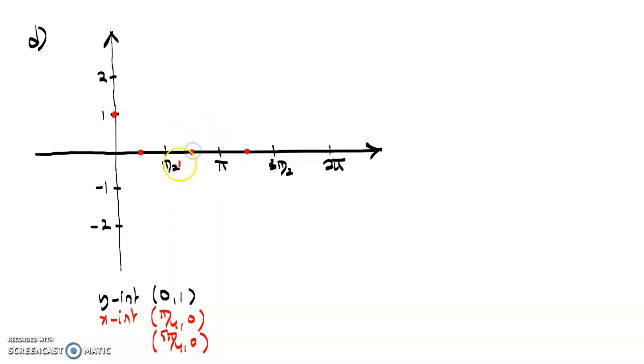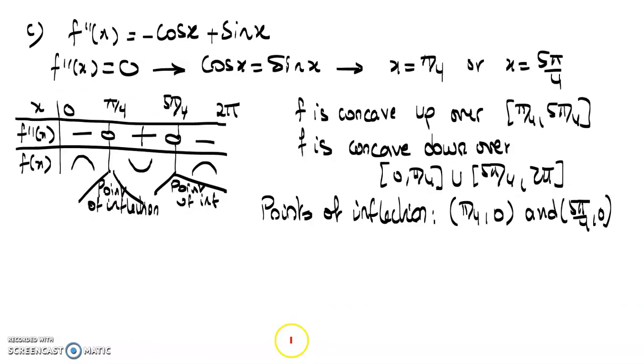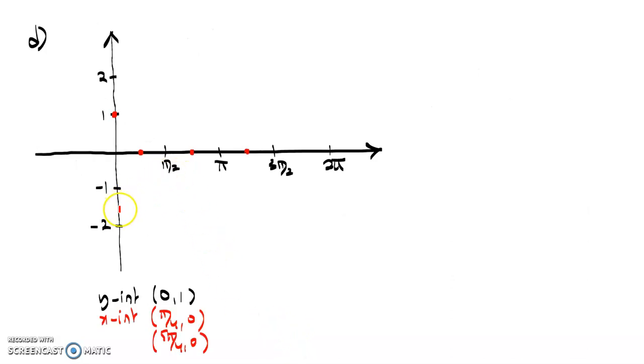So it's halfway between pi over 2 and pi. So that is 3 pi over 4. And it has a y value of square root of 2 or negative square root of 2. Which one is negative? So 3 pi over 4 is negative square root of 2. Negative square root of 2 is around 1.41, so that's almost halfway between negative 1 and negative 2. So that is the point we are actually looking for, and keep in mind that this is a minimum.